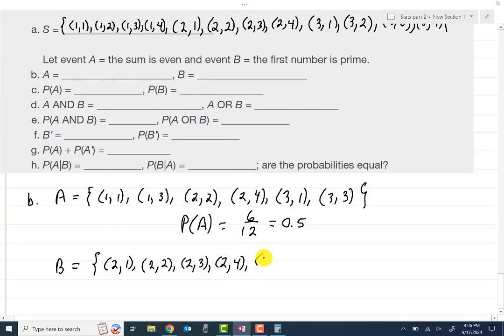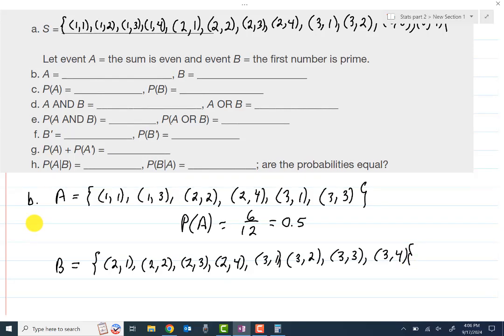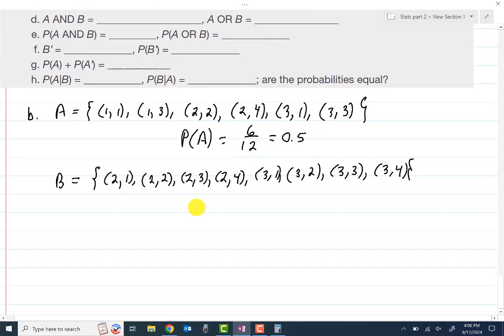And then 3, 1, 3, 2, 3, 3, and 3, 4. Here we have a total of 8 items. So the probability of B is 8 out of 12, or 0.6 with a bar over it.